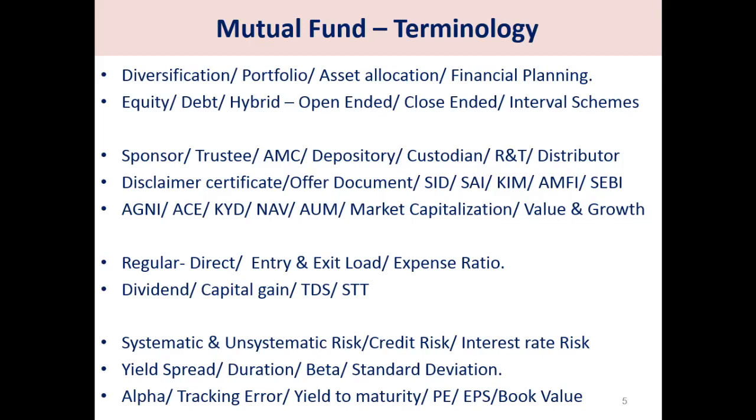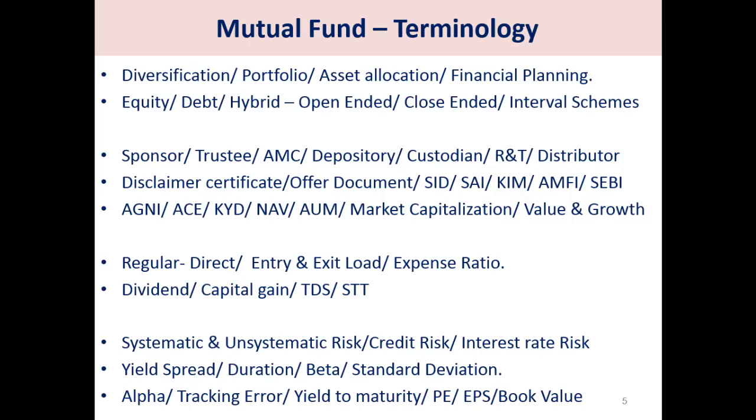Then dividend, capital gain, TDS. TDS is of course partially there. When the mutual fund declares dividend, dividend of more than 5,000 rupees will attract TDS of 10%, and dividend paid to NRI, PIO, OCI persons, overseas citizen of India, OCI, the definition I will explain later on.